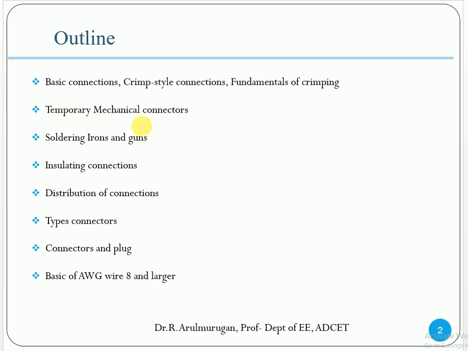The second one is the temporary mechanical connector, another name for which is the T connector. What is the application? Temporary purposes: wherever you need, you can use this T connector. Where will I use temporary connections? At a political meeting, for example. When the political meeting starts around 7 p.m., around 100 tube lights are needed over there.